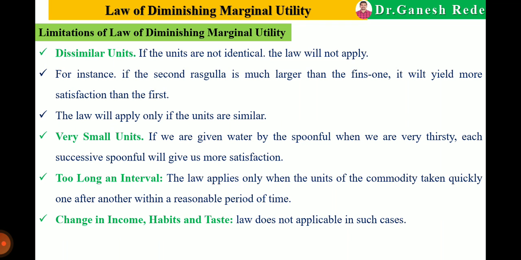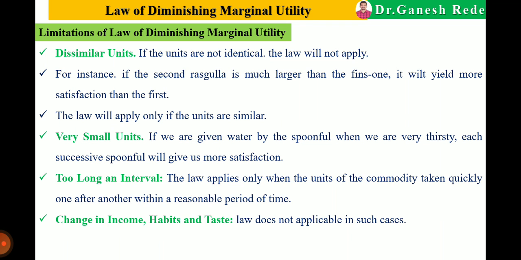Then too long an interval. As we know, a basic assumption of this law is that there should not be a gap or time interval between the consumption process. That is the basic requirement of the law. So the limitation is too long an interval.